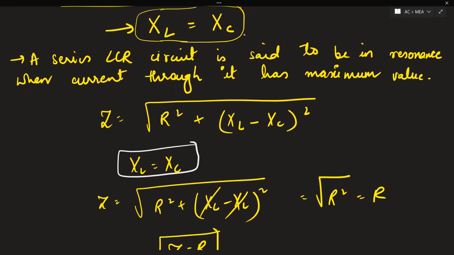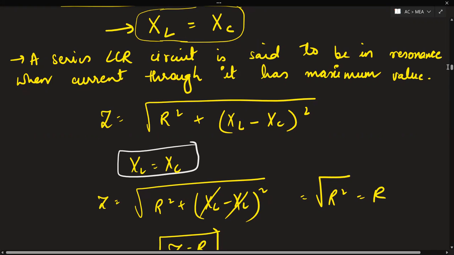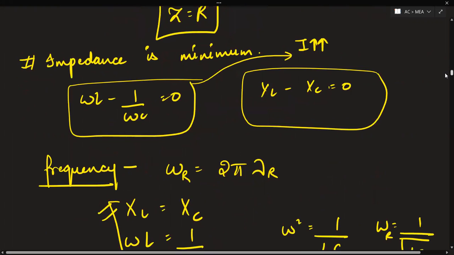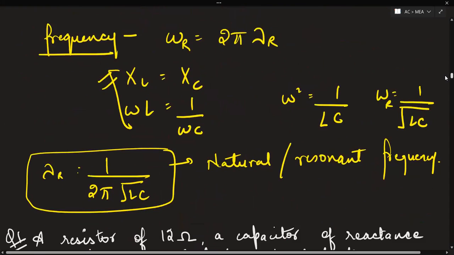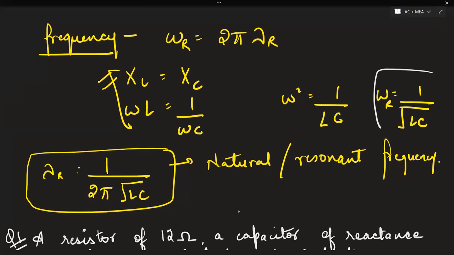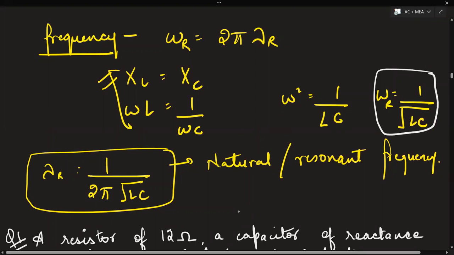So XL is equal to XC, you have to remember. From there, you can calculate the natural or resonant frequency. The angular resonant frequency can be used simply, and the natural frequency is just that divided by 2 pi, which gives 1 divided by 2 pi under root LC. So we have done the revision of what we have studied.